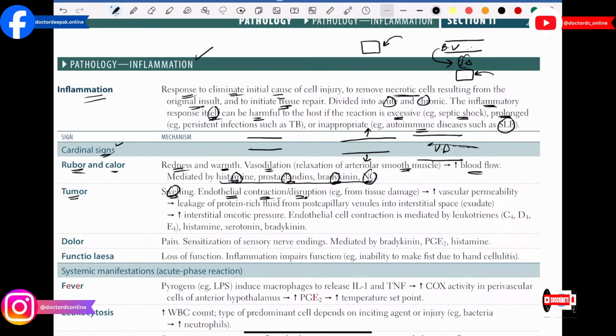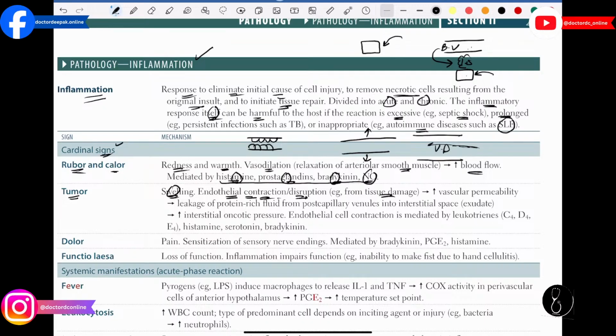Let's suppose these are the endothelial cells which are present inside the blood vessel. Normally these endothelial cells do not allow fluid and proteins to leak into the interstitial space, but when the injury occurs, these endothelial cells will allow fluid and protein leakage to move into the interstitial space.